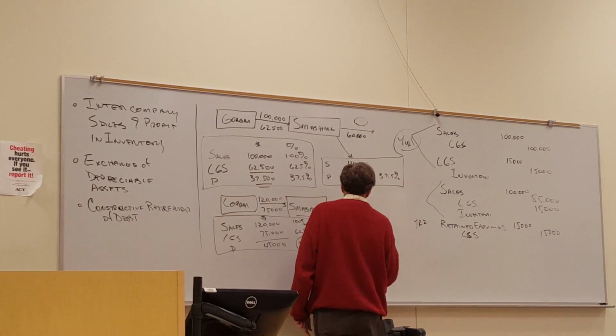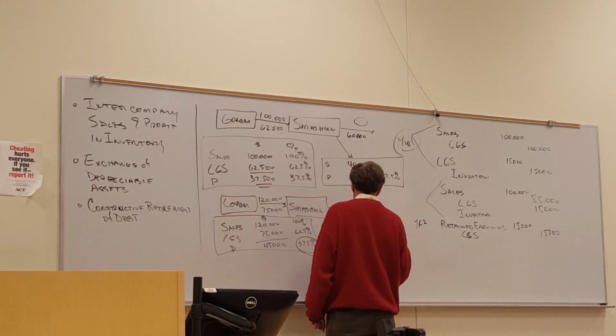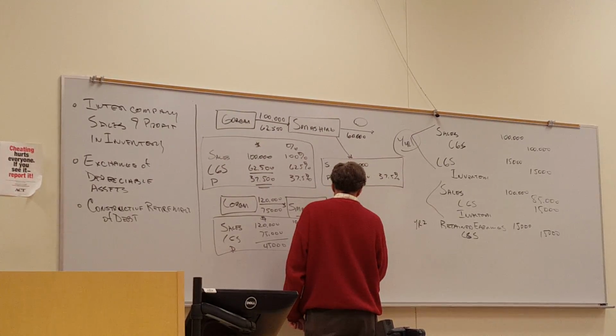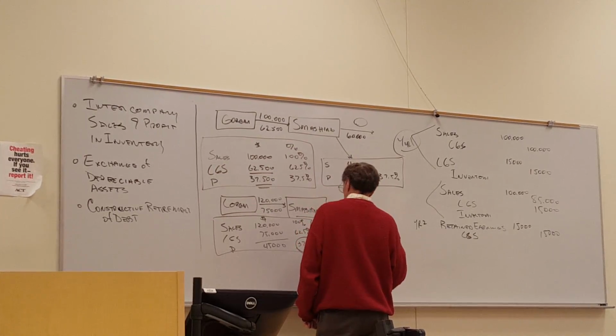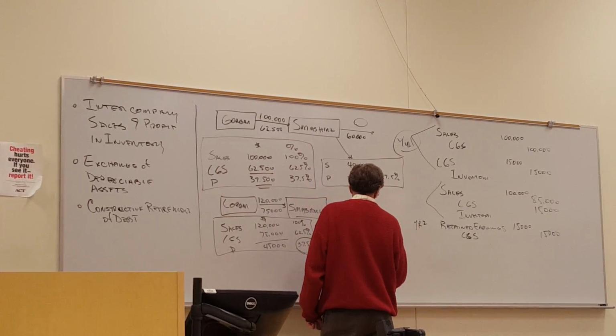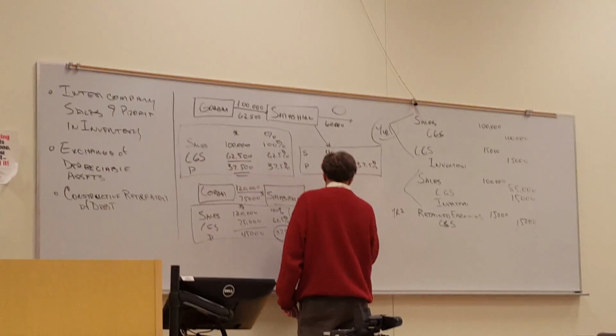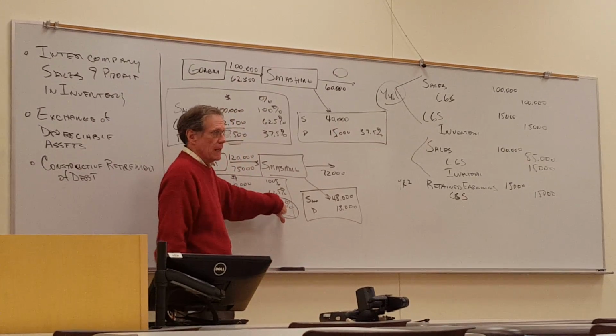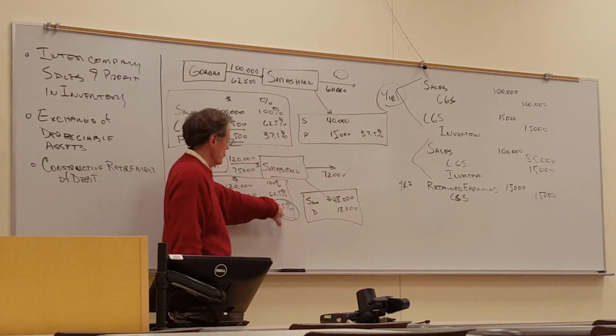They have inventory on hand of 48,000. That inventory has a profit of 37.5%, which is $18,000. So we took the 48,000, multiplied it times the 37.5%.